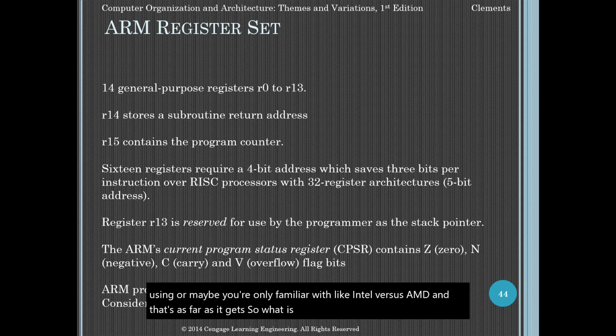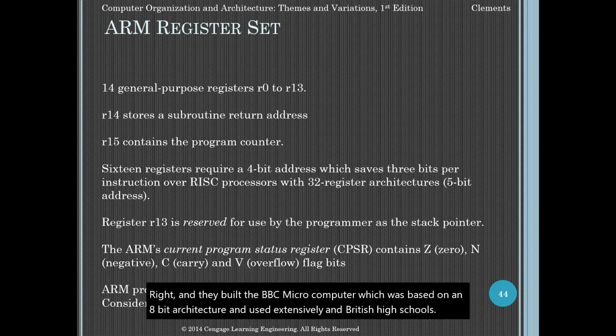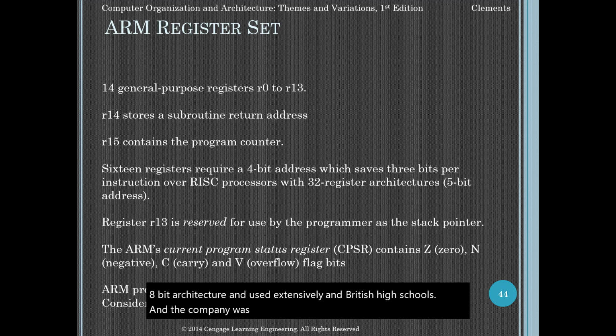ARM originally came from Acorn RISC Machine, and they built the BBC Microcomputer, which was based on an 8-bit architecture and used extensively in British high schools. The company was founded in 1990 as Advanced RISC Machines by Acorn Computer, Apple Computers, and VLSI Technology.